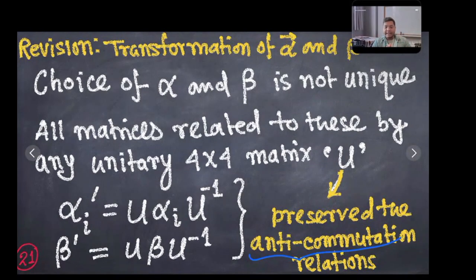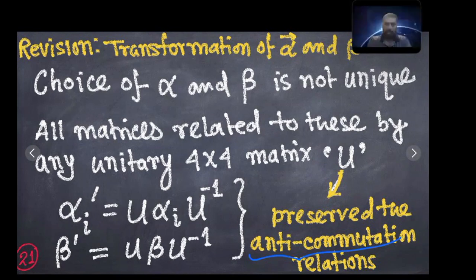If we try to understand how alpha and beta transform under different transformations, we need to keep in mind that the anti-commutation relation should be preserved under any transformation we can think of.